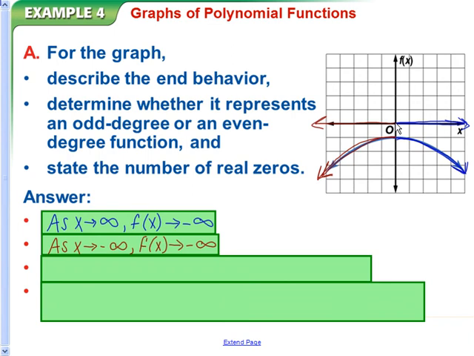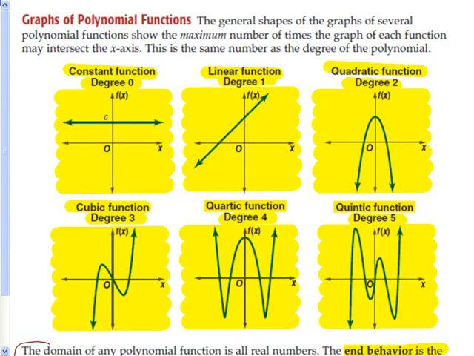And then we have to decide, is it odd or even? Okay, we'll go back and we look at our tables that we wrote up above. Let me find it here. Okay, so notice here, odd, they're going in opposite directions. Evens, they're both going down. Odd number, they're going opposite directions. Even, they're going the same way.